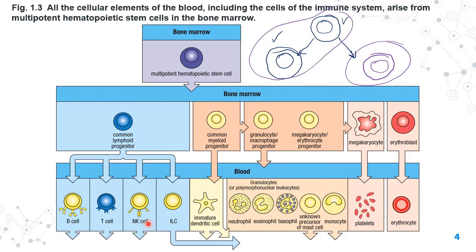Okay, so these two types here you can just group into natural killer cells, these are the ones that function in innate immune response. And then the other cells here are the ones that are really, really important for your adaptive immune response. Okay, so that is your lymphoid lineage.